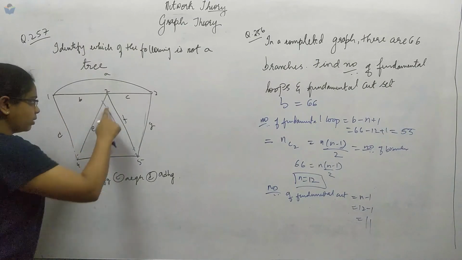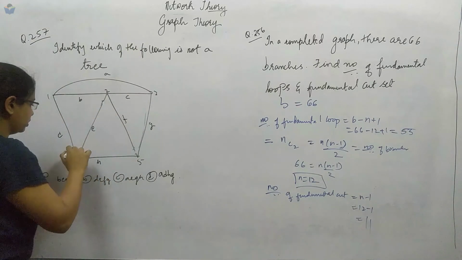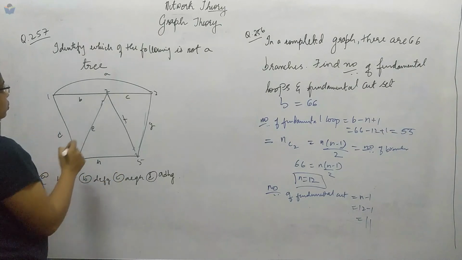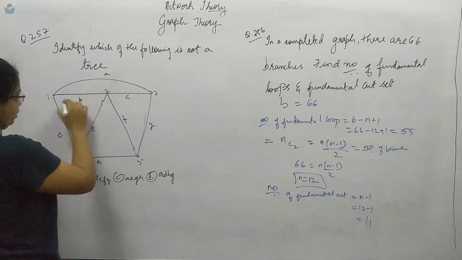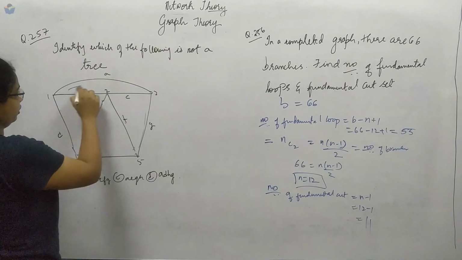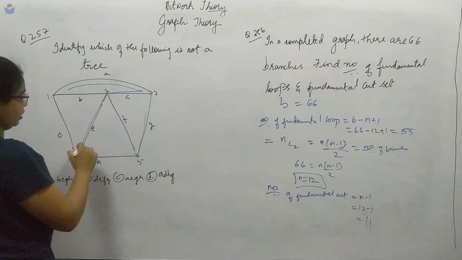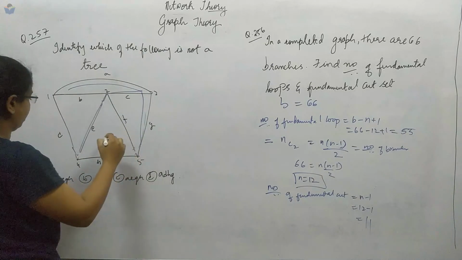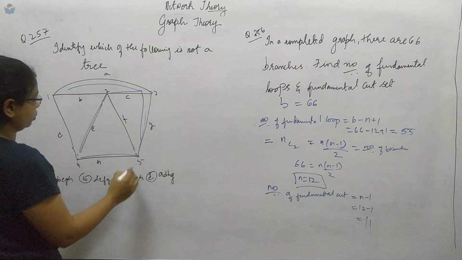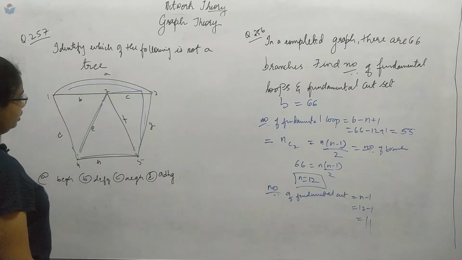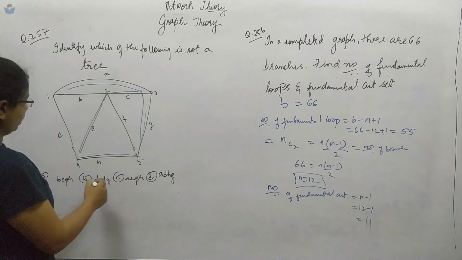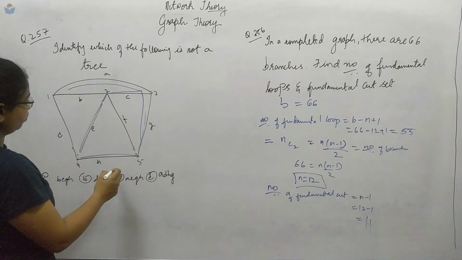Okay. So next coming to option number C. A, E, G, H. Okay. We have here A, E, then we have got G and then we have got H. Right. So A, E, G, H. Is it forming a loop?